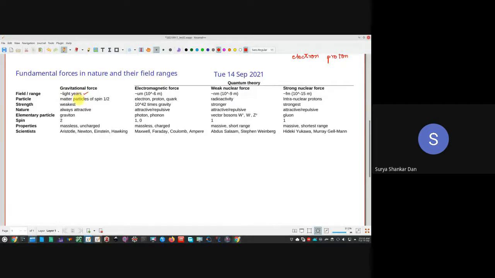We do not know specifically whether it is infinity or not. Somebody might say gravitational force is valid all around the universe, stretching from minus infinity to plus infinity. Well, we do not know, because human beings have only been able to measure up to light years. That's why I have written specifically light years order. So this is the field or range.